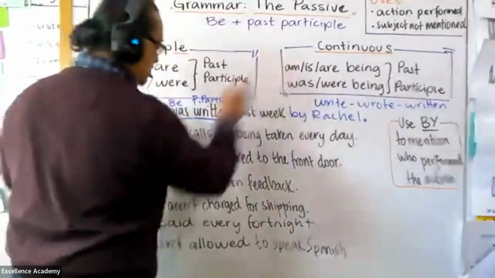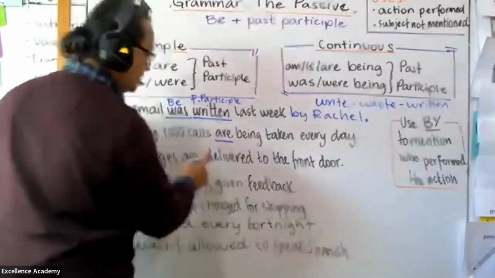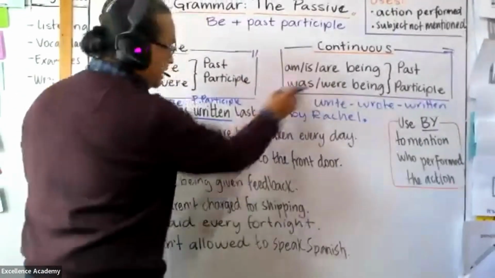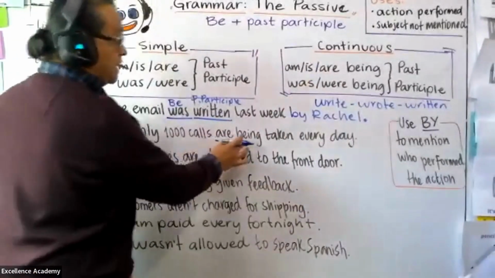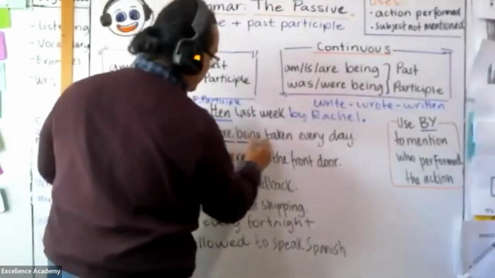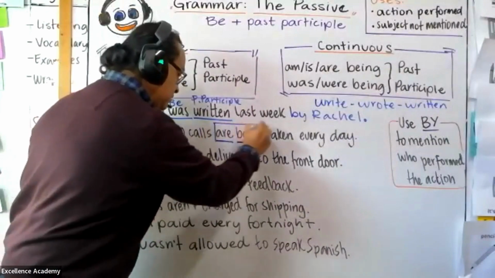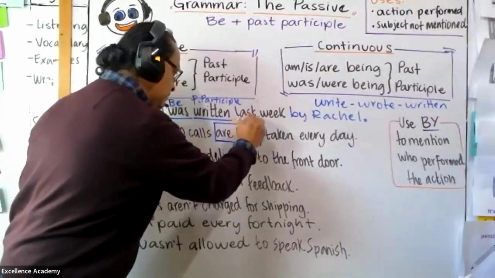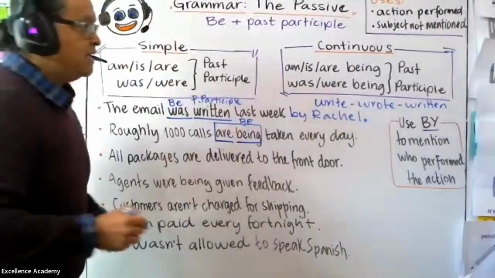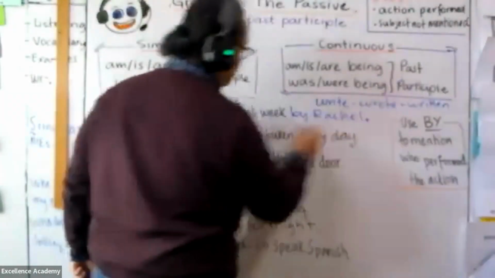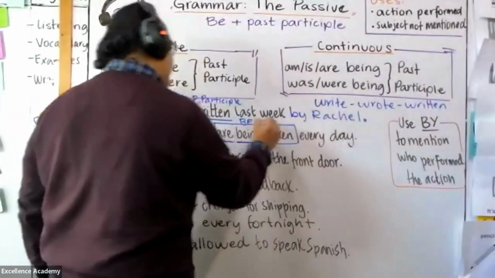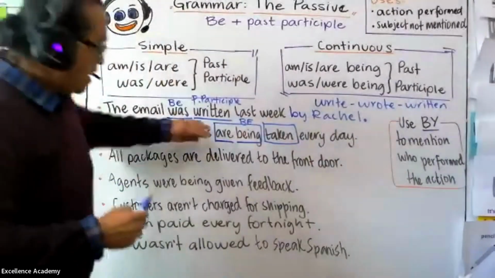Therefore, I'm using the verb be in the plural form here, and the being form of the verb to be. So this is important. The verb be is basically these two over here: are being, followed by the past participle form of the verb. In this example, taken. So are being taken.